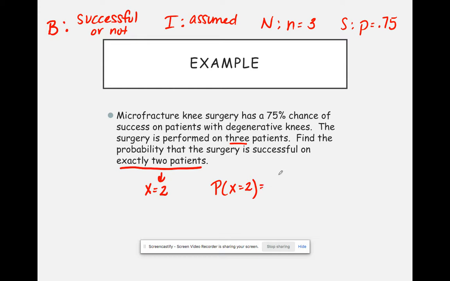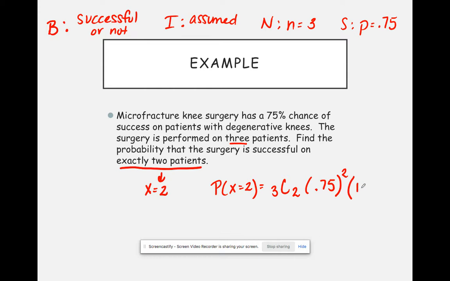That's going to be equal to that binomial coefficient, where it would have been 3 over 2 in that big set of parentheses. But instead, we're just going to use that nCr notation because you guys are familiar with that. So nCx, whatever your X is. So here 3C2. And then it's the probability of success, so 75% chance of success to the number of successes. So that's to the second power. And then the probability of failure.